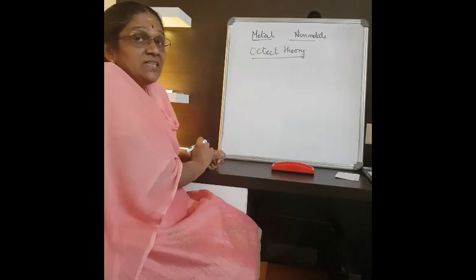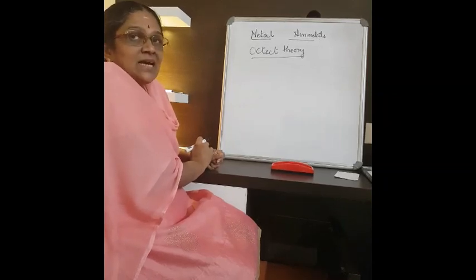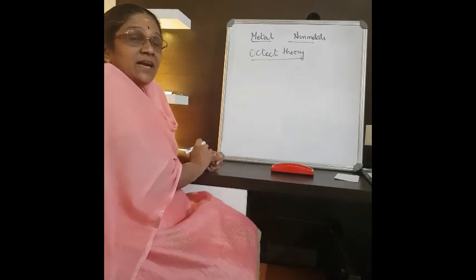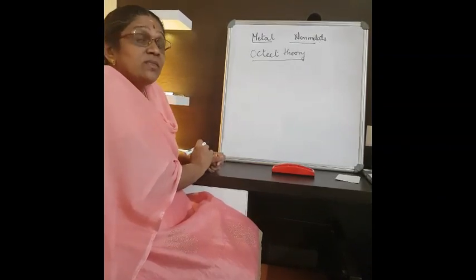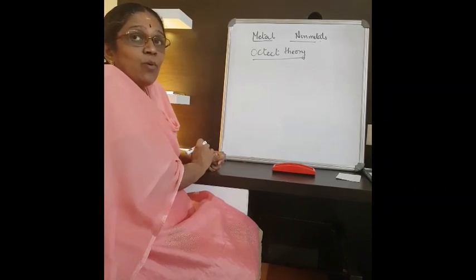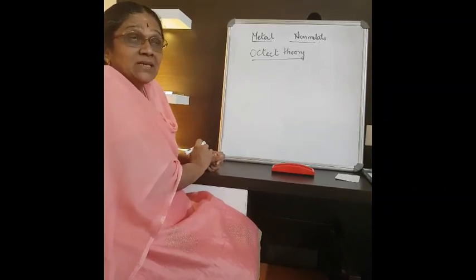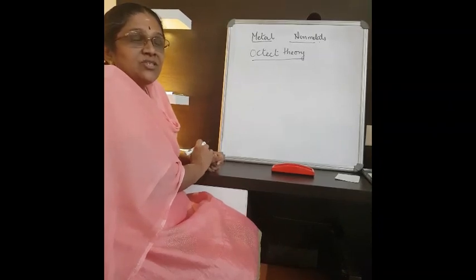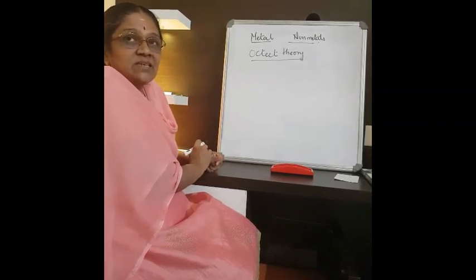You have studied the valency of some metals as well as non-metals, and the structure of atom. You have drawn the Bohr diagram or electron dot structure of the first 20 elements, from hydrogen to calcium, atomic number 20.